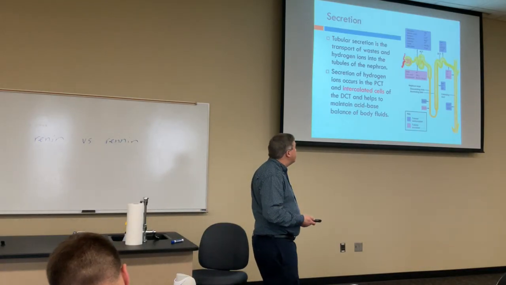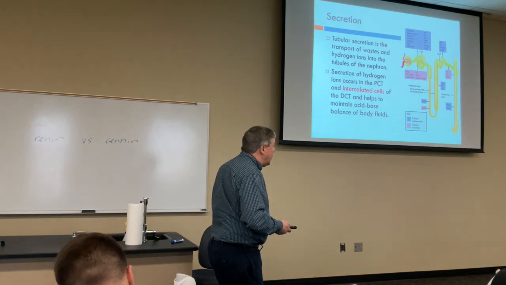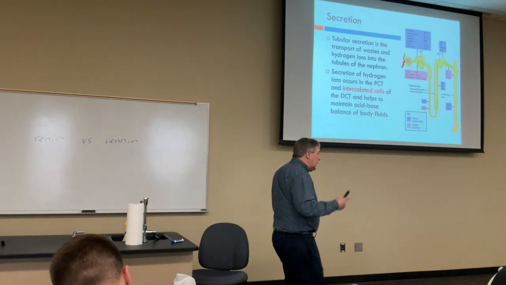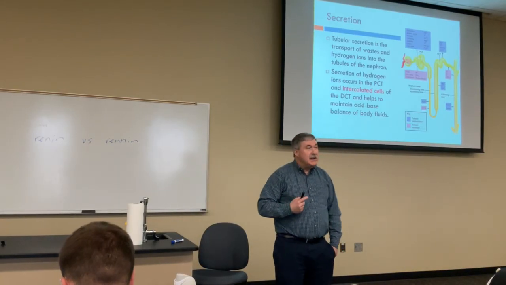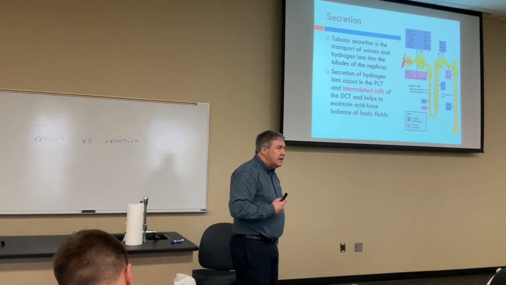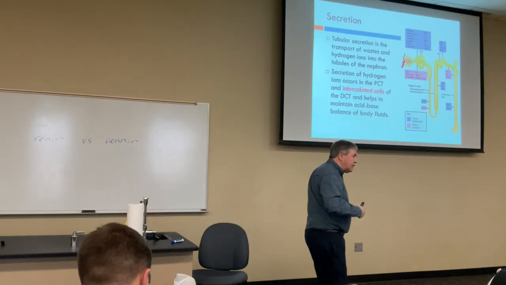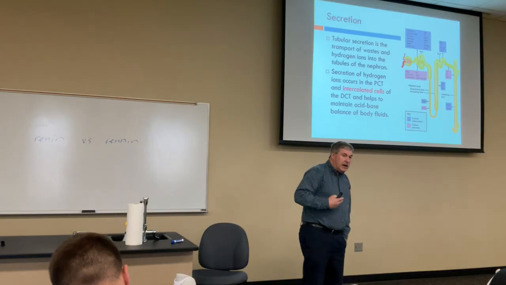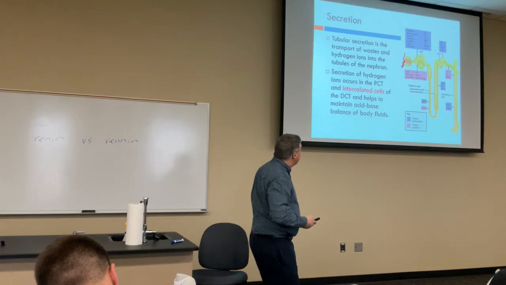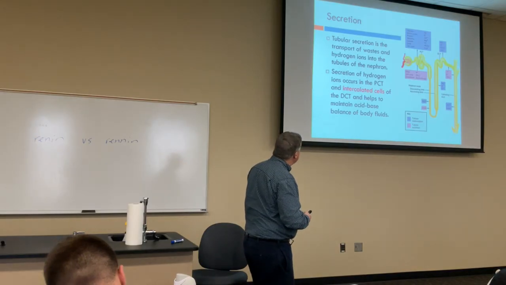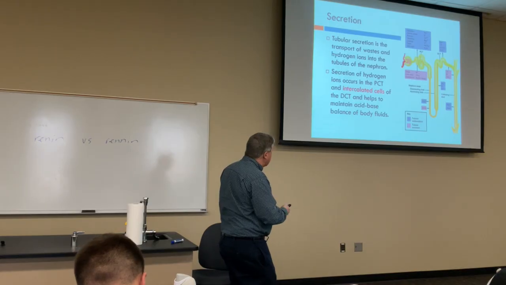Toxins, toxic substances. Those could be transported into the filtrate using antiport proteins. The antiport proteins are still using the sodium gradient, which is driven by that standing gradient, but the transport is in the opposite direction. So tubular secretion is the transport of waste and hydrogen ions into the tubules of the nephron.